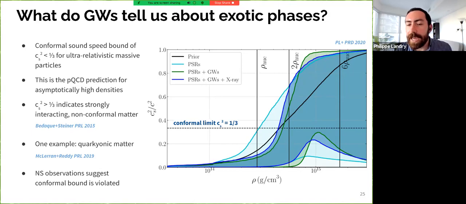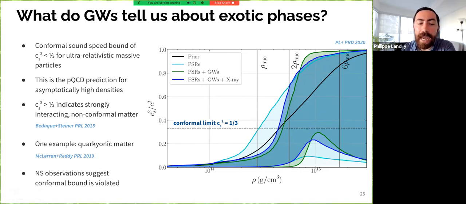And while it doesn't exclude sound speed curves that always stay below this dashed conformal limit, the bulk of the curves that would exist in this blue contour would certainly have a violation of this conformal limit. What this would suggest is that there is a phase of matter that is strongly interacting and non-conformal, for instance something called quarkyonic matter, as opposed to just plain old hadronic matter.